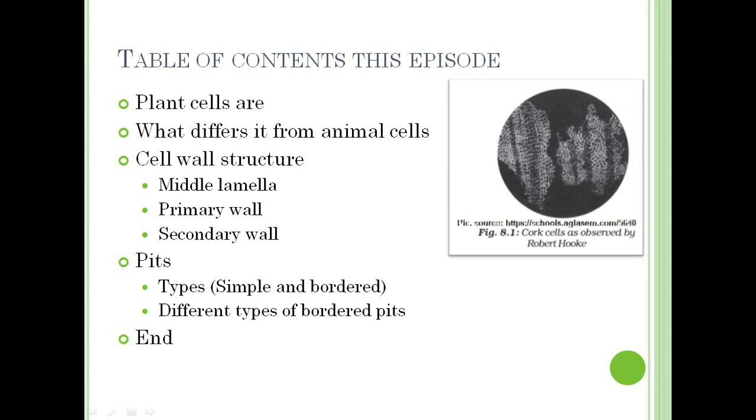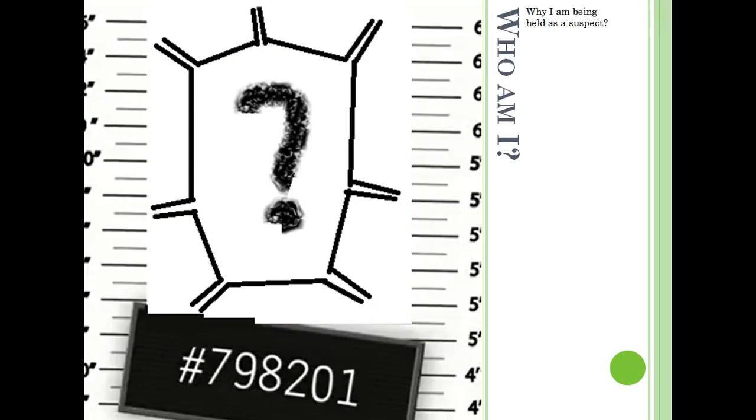The term cell was first used by the English botanist Robert Hooke, who examined these comb-like structures in cork under the microscope. They were hexagon-shaped, in case it wasn't really clear. So now let's move on.